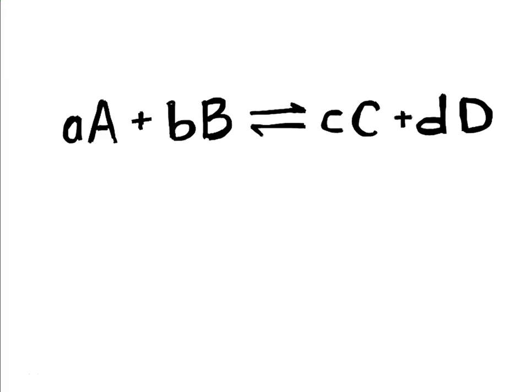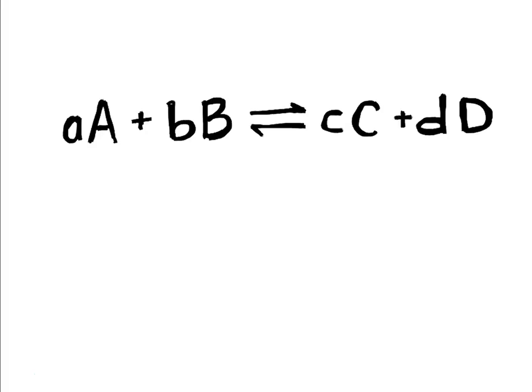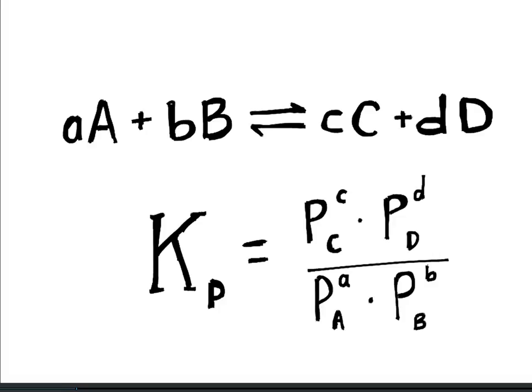And so if we start with our generic reaction like we did before, where the lowercase letters are stoichiometric coefficients and the uppercase letters are reaction components, so compounds or molecules or atoms that participate in the reaction, then we can write our equilibrium constant expression for Kp as the partial pressure of gas C raised to the lowercase c power times the partial pressure of gas D raised to the d power, divided by the partial pressure of gas A raised to the a coefficient, and then the partial pressure of gas B raised to its stoichiometric coefficient.